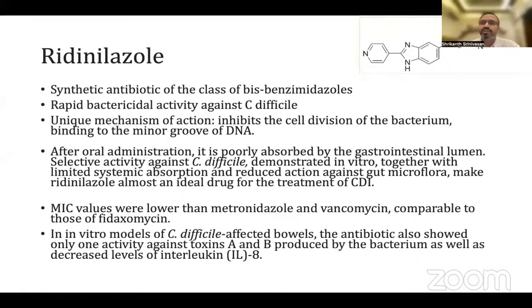And the best thing is that it has reduced action against the other gut microflora, making it the ideal drug for CDI. The MIC value is much lower. It's much closer to fidaxomicin. And in vitro models show that it has activity against toxin A and toxin B as well. It also reduces the level of inflammation, as we can see from the reduction in interleukin 8 levels. So this seems to be a very promising drug for drug-resistant C. difficile infection.